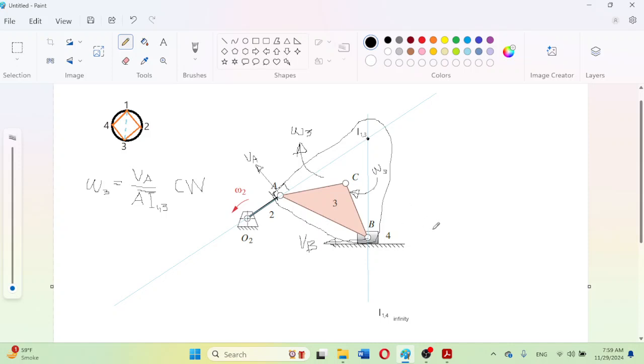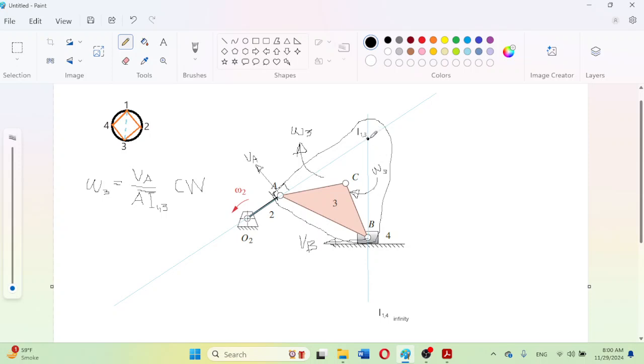In this way, using the instant center, I have also given a visualization of how the data can be given and how this problem can be modified and solved. Now VB will be calculated using the formula V equals R omega, where R is B I1,3.